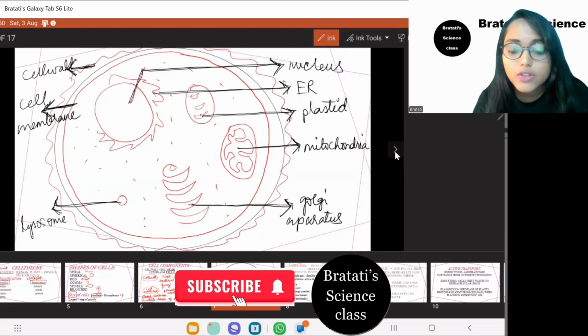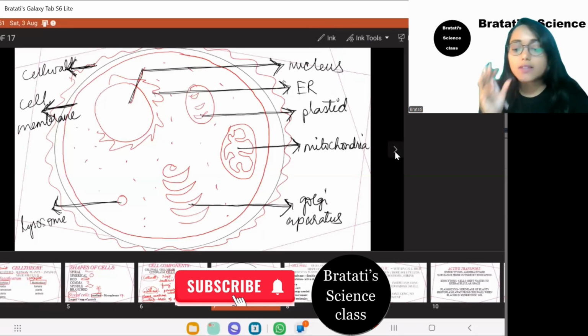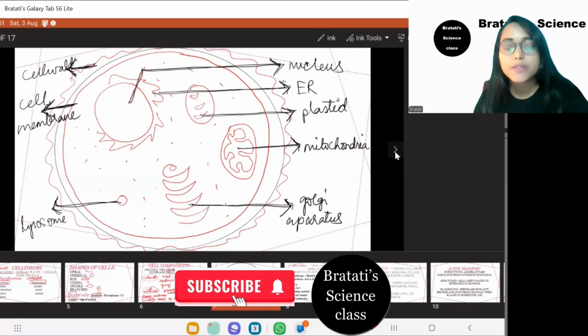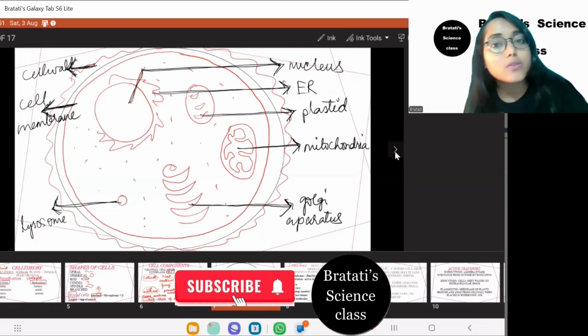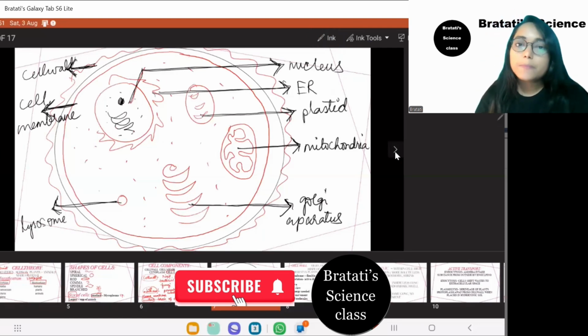This is clear. So if in a question it comes to draw the diagram of the cell, you can draw this cell and these organelles are present, cytoplasm is present, nucleus is present in it. Inside the nucleus we'll go into details, like there will be nucleolus, DNA, and the nucleoplasm. So that we will come to in the next slide.